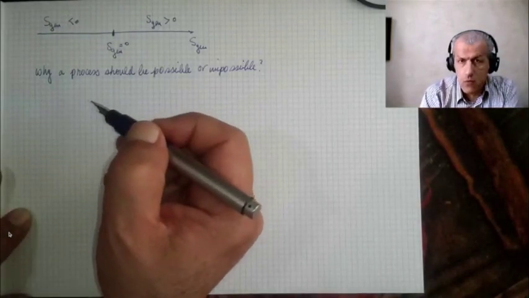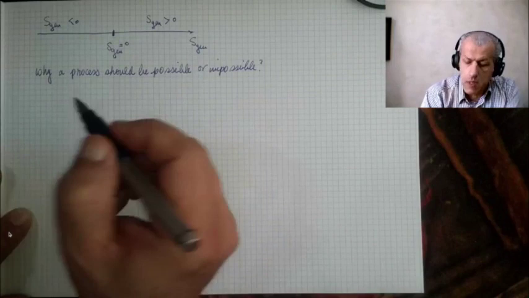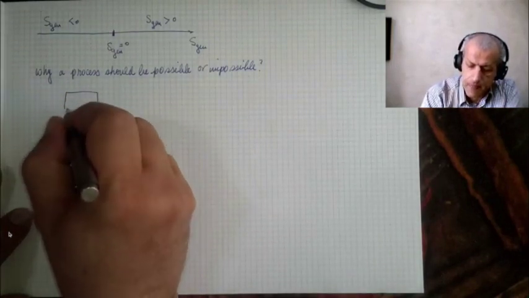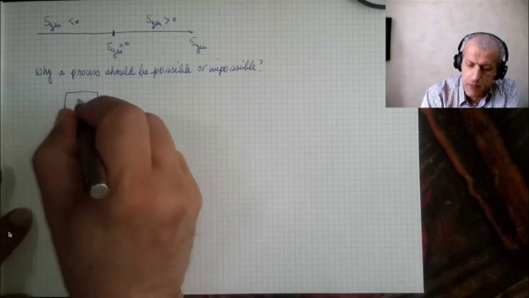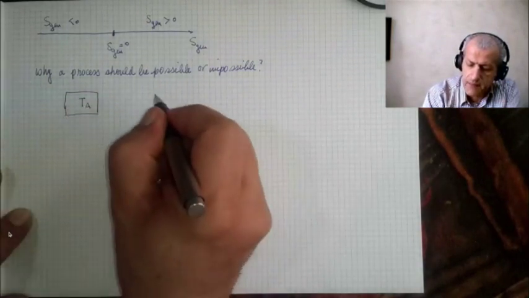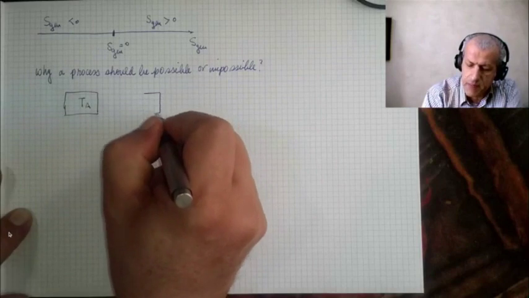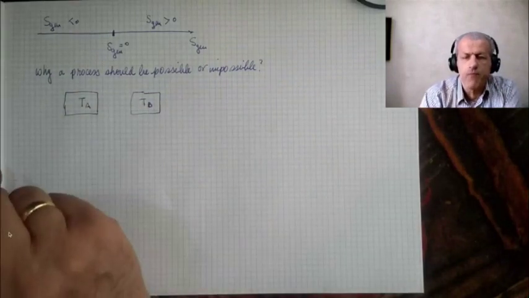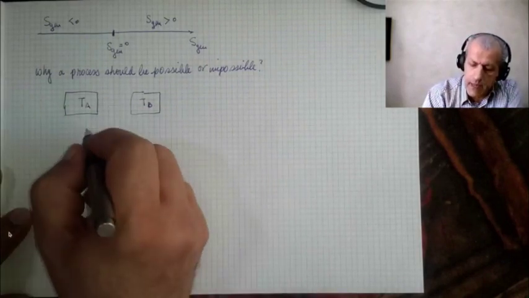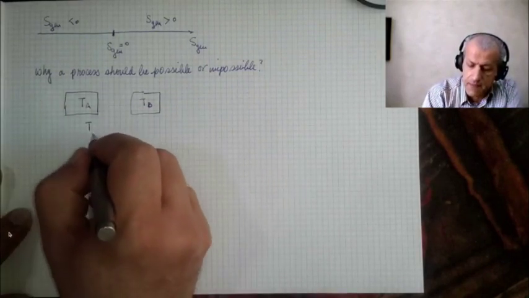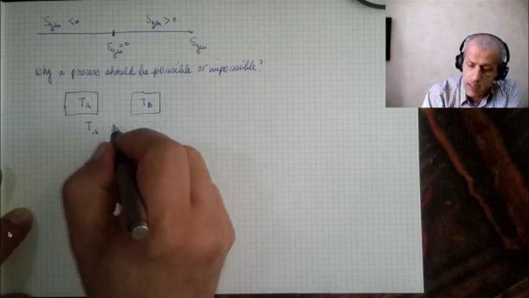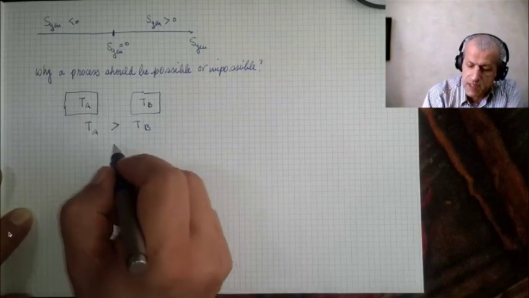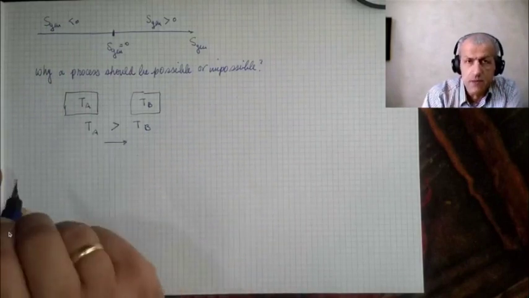Now, what we do is to take a sample case. This is a body with temperature Ta, and this is another body with temperature Tb. We all know that if Ta is larger than Tb, heat transfer would be in this direction.